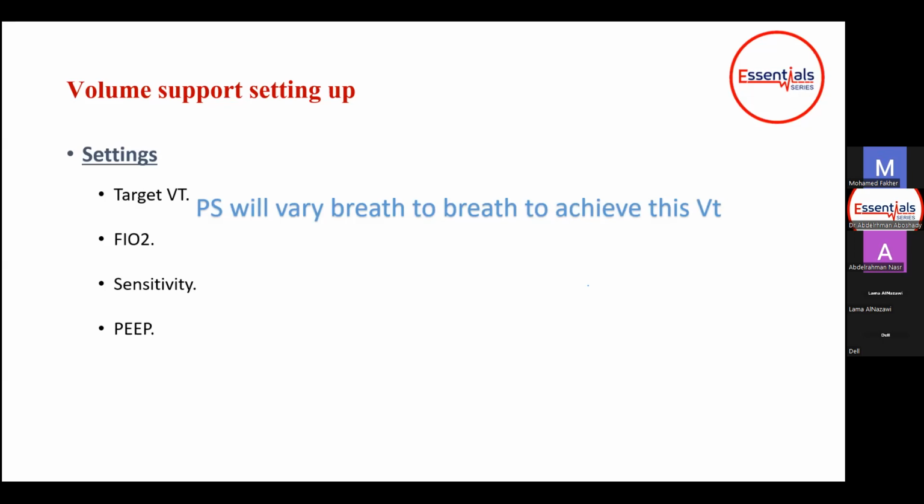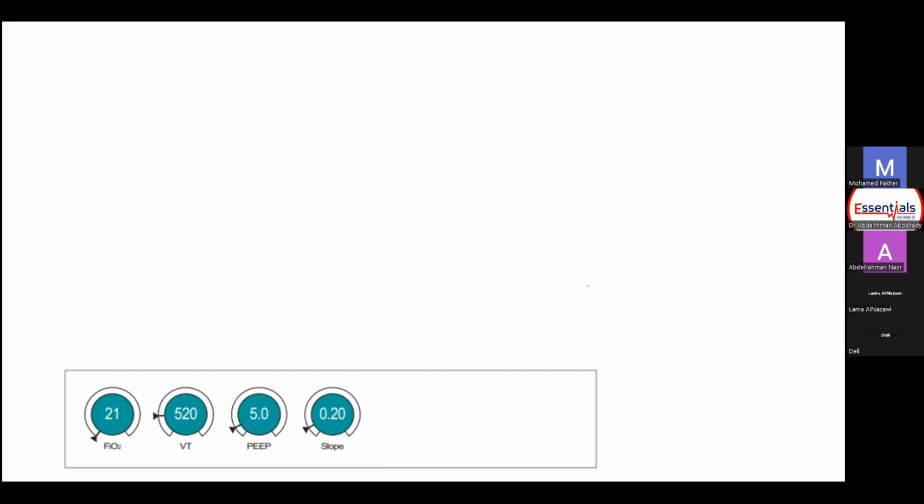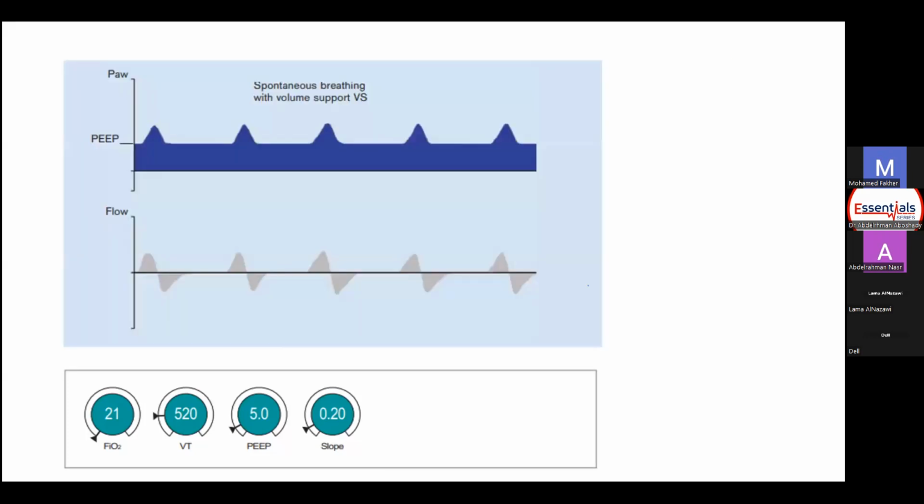PEEP: as in any pressure support mode, we adjust the PEEP at 3 to 5 centimeters of water, or according to the patient's condition. The rise time will be adjusted according to the pressure time scale. So these are the settings usually adjusted in the volume support mode: FiO2, tidal volume, PEEP, and slope or rise time.